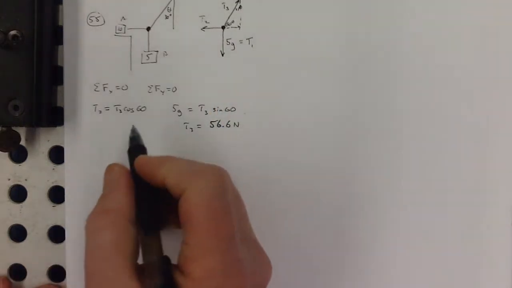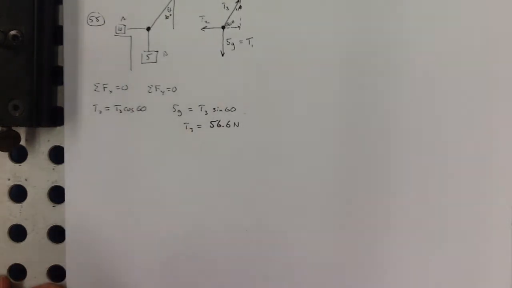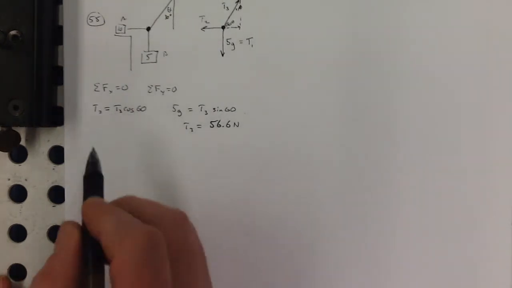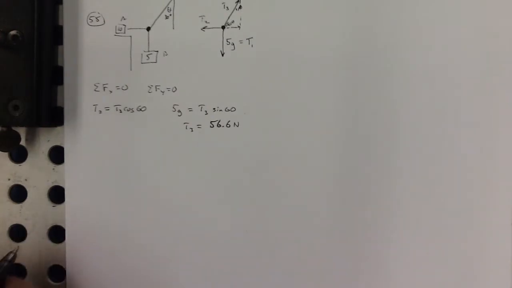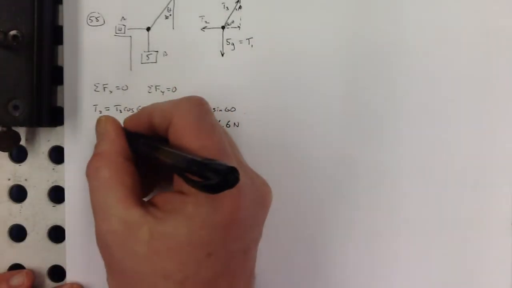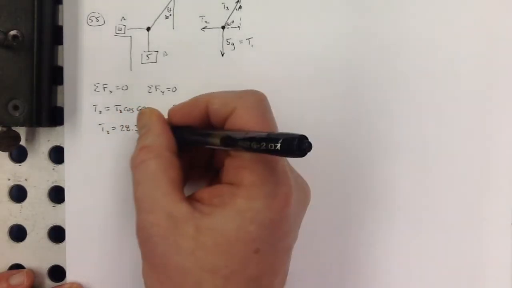And then T2, I don't even know if we needed to find that, but, oh yeah, I guess we did to get it here, didn't we? So then T2 is equal to T3 times the cosine of 60. Cosine of 60 is 1/2, so I'll just multiply that by 1/2. So T2 is equal to 28.3 newtons.